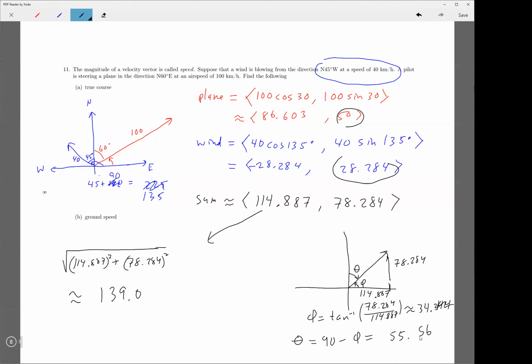Which changes this to 55.7. But I don't think that's going to be right either, unfortunately. It's still wrong. Boo.